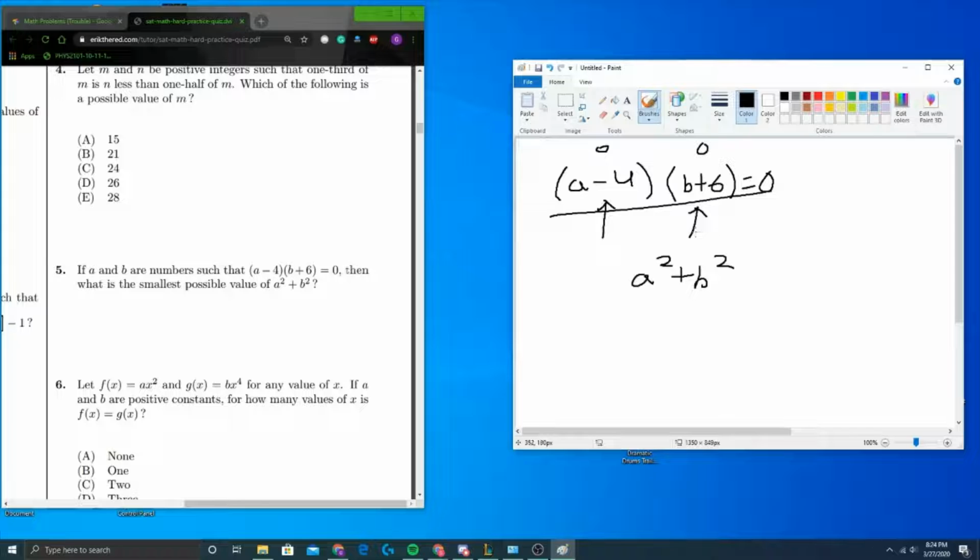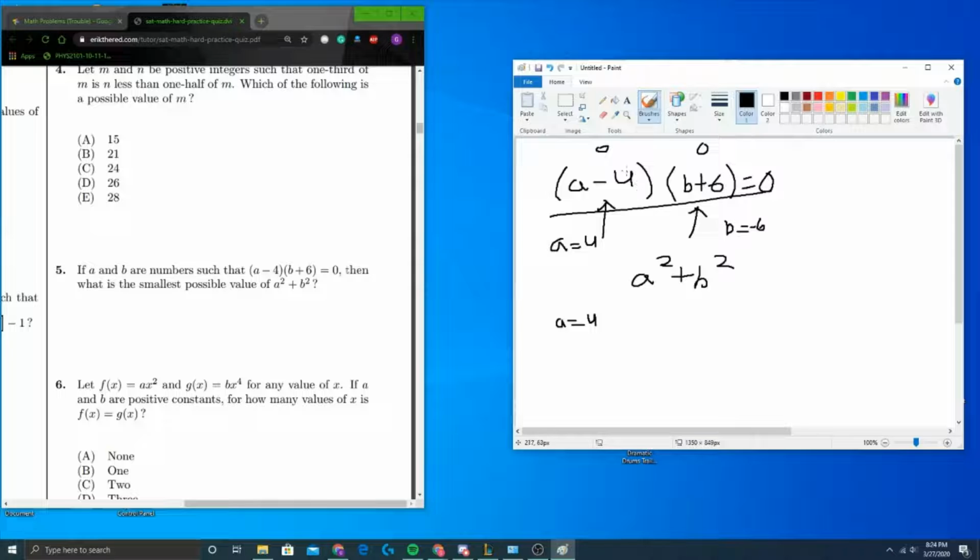So, let's see. Let's choose. In order to get a minus 4 to equal 0, a could equal 4. In order to get b plus 6 to equal 0, b could equal negative 6. Right? But let's look at the scenario a is equal to 4 first.